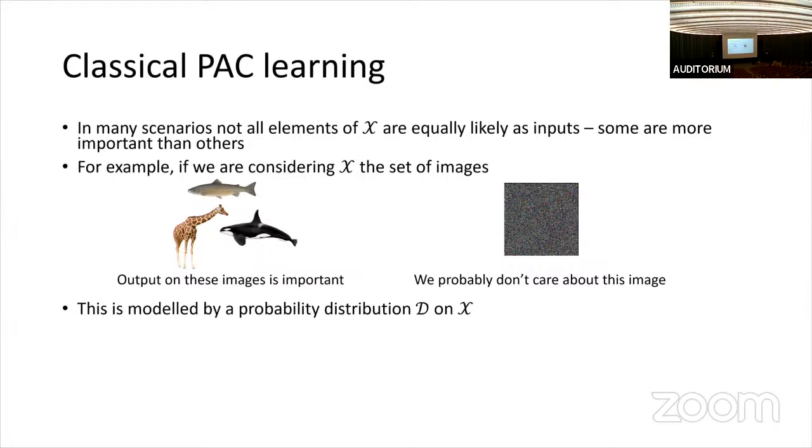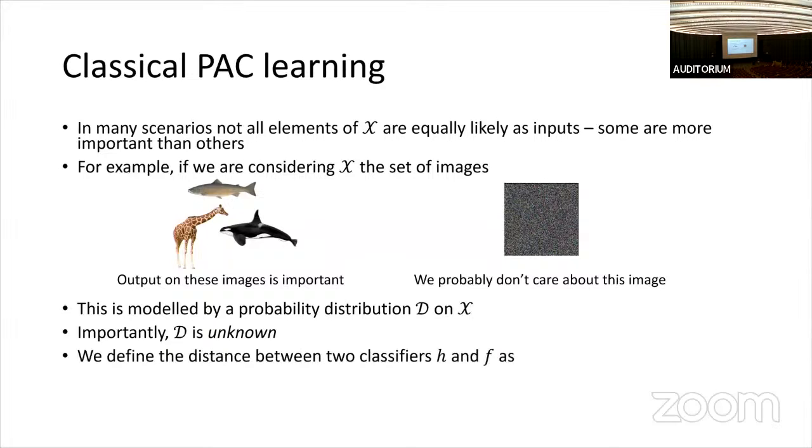So this is modeled by some probability distribution on the underlying set, but it's very hard to write down what that distribution would be or even get a handle on what it would look like. So generally, we assume that this distribution is unknown, and we want our learning algorithm to work whatever the distribution is, but we just assume that there's some distribution out there. The moment you have a distribution on your set, that induces a distance between two classifiers, which is just the probability that they disagree if you draw a sample according to the underlying distribution.